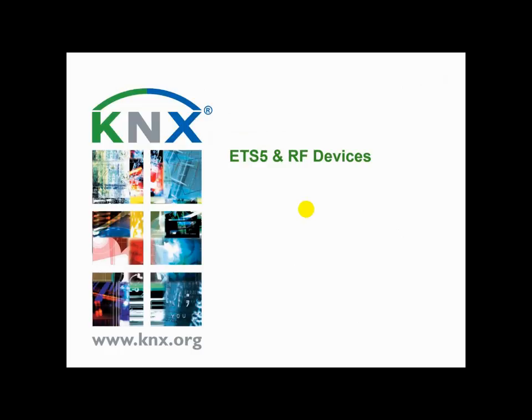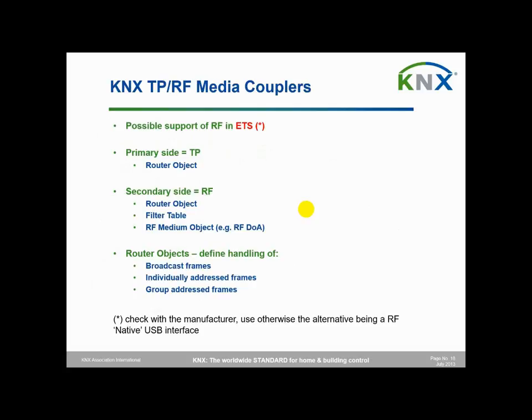Then ETS5 and RF devices. In most cases, RF devices will be used to extend an existing twisted pair KNX installation. In that case, as I told in the very beginning of the webinar, the so-called media couplers will be used, so twisted pair RF media couplers.